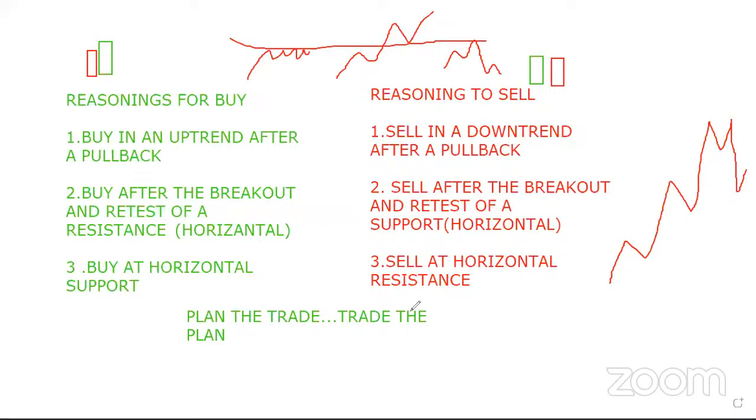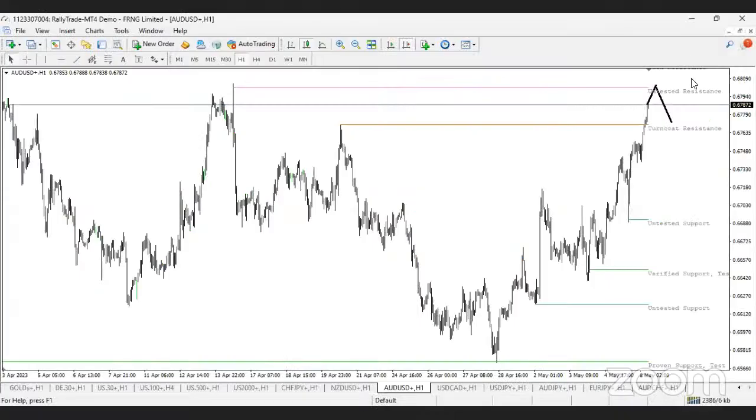So on the chart of AUD USD, we want to see a retest, a pullback of this level before we enter a buy, or the breakout and retest of the upper resistance before we enter a sell on AUD USD.